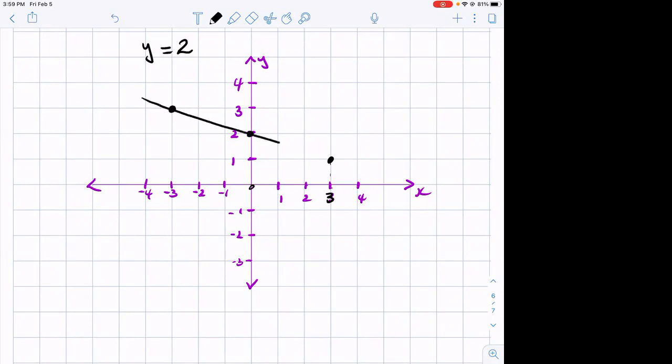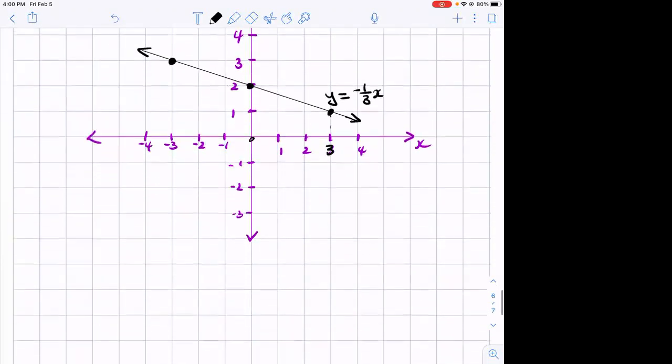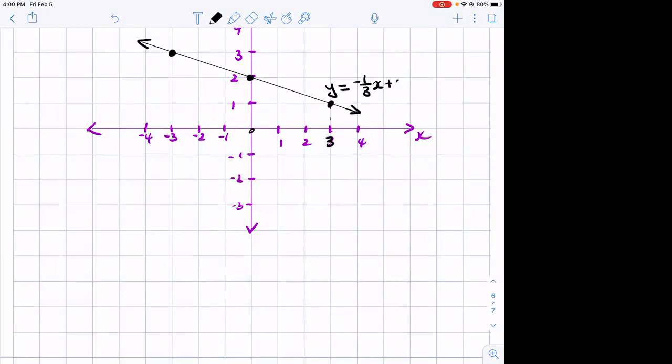if I connect those three dots, we have this line here. Please make sure when you connect your dots, the line should pass through them. You don't stop on the dot. And you always write the equation, minus 1/3 x plus 2. Always write the equation somewhere along the line.